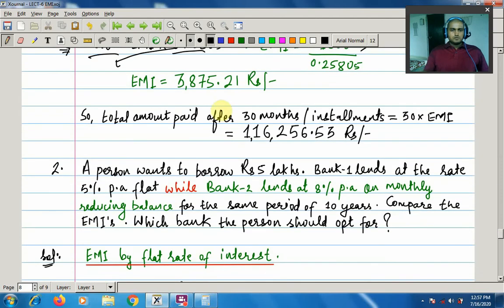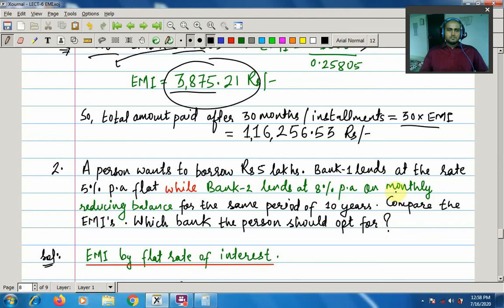So the amount of EMI is this much, 3875, paid 30 times to repay that 1 lakh rupees loan. So the total amount you are repaying, if you're paying 30 times, just multiply it. So you're paying 1,16,256 rupees and 53 paisa.